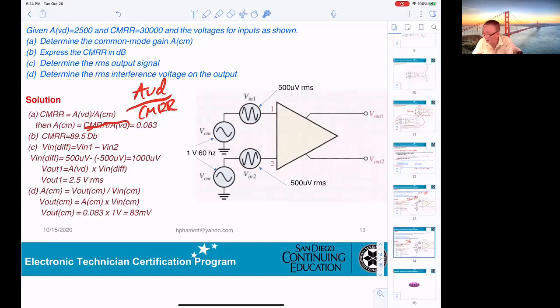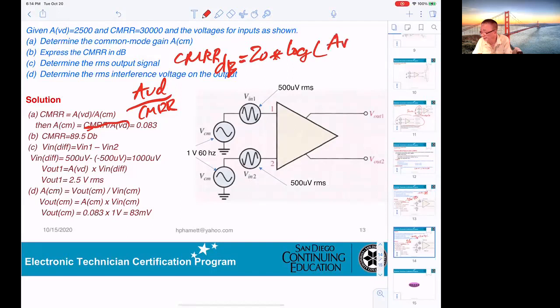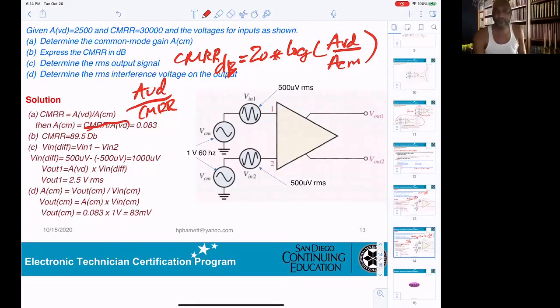Okay, CMR in dB is 20 log of AVD. That's the formula. Thank you. Welcome.